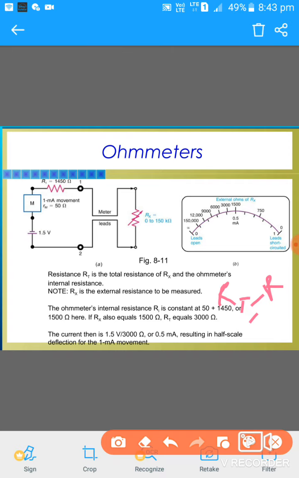Rex is the external resistance to be measured. Total resistance is here.